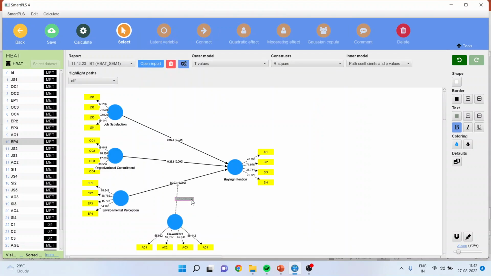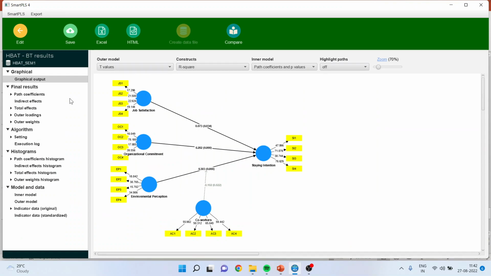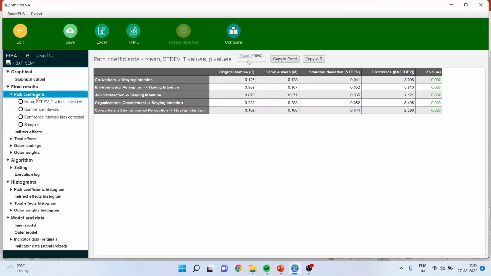You can see here the output has been given of the p-values. As it's less than 0.05, we say that the moderating effect is significant. I'll go and open the reports and go in path coefficients to see the moderating effect. Yes, it is there.